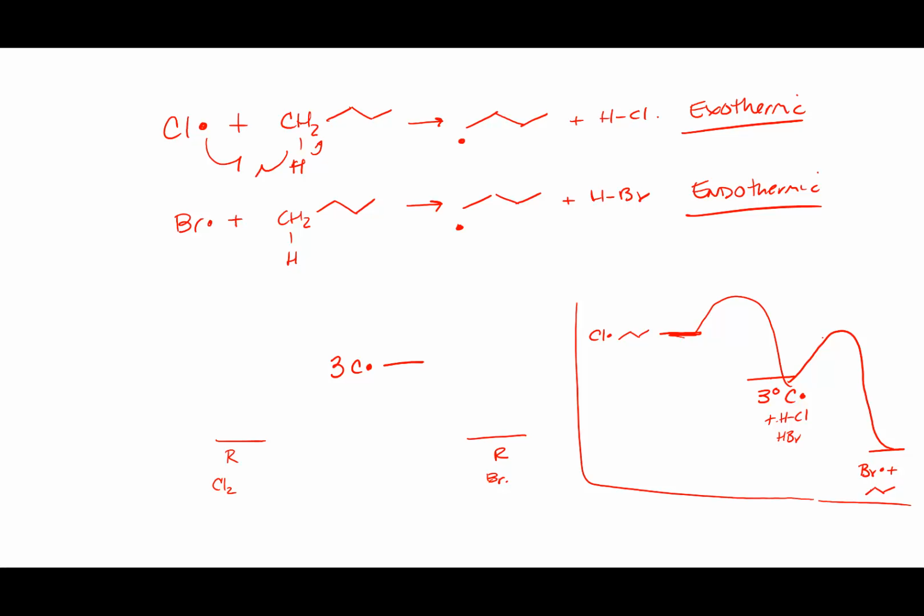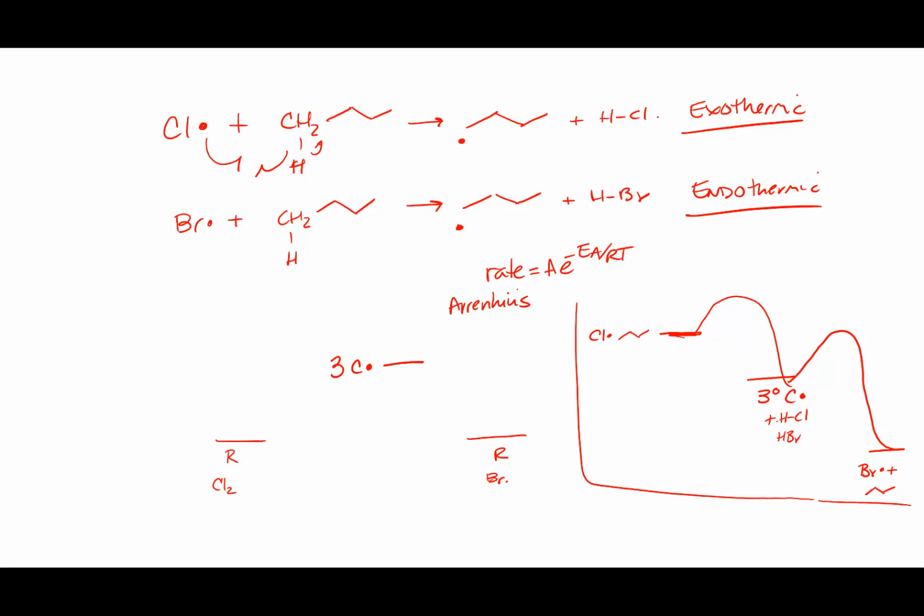Well, which one of those two reactions is going to occur faster? We go back to the Arrhenius equation, which says that the rate equals A E to the minus Ea over RT. That's the Arrhenius equation. It tells us how the temperature affects the rate of the reaction.